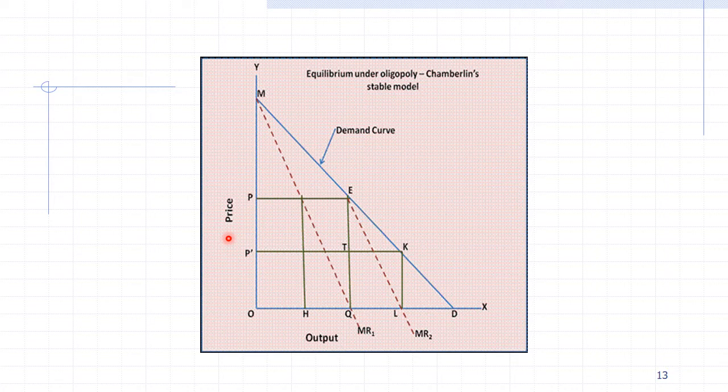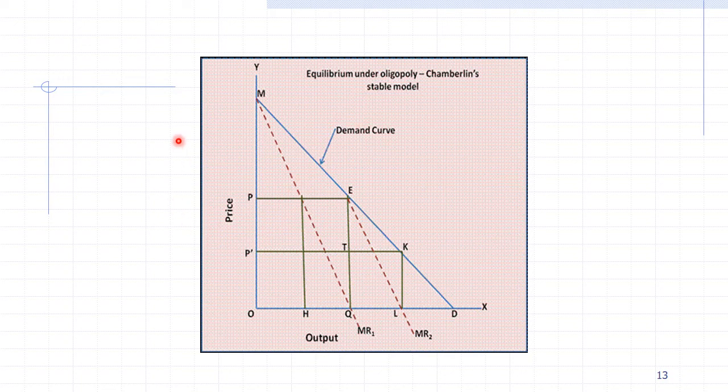Now he will equate marginal revenue with his marginal cost to maximize his profit. As per the profit maximization rule, MR equals MC. We have not drawn the MC curve here, but you know how it looks. If you draw it, it looks like this.